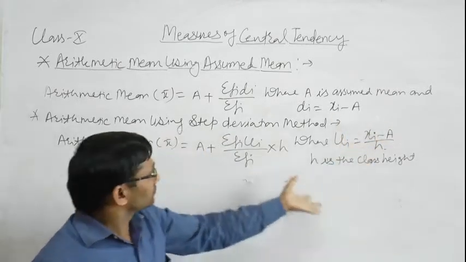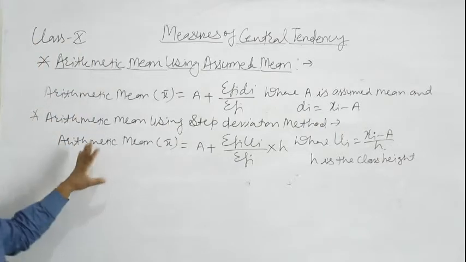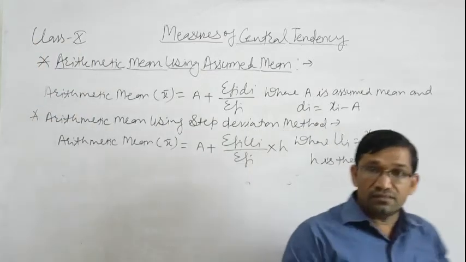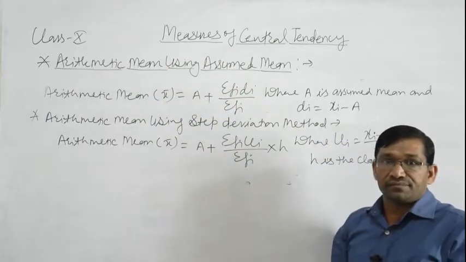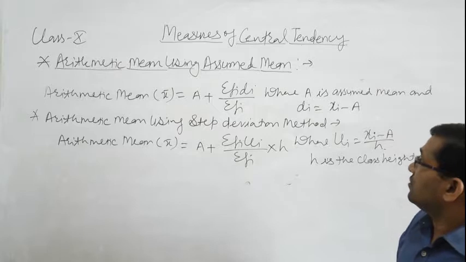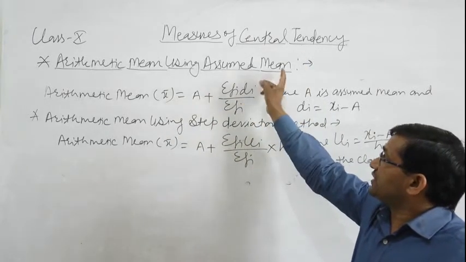Clear? So we use two methods in arithmetic mean using assumed mean. We have two types and two methods for finding arithmetic mean by using assumed mean.